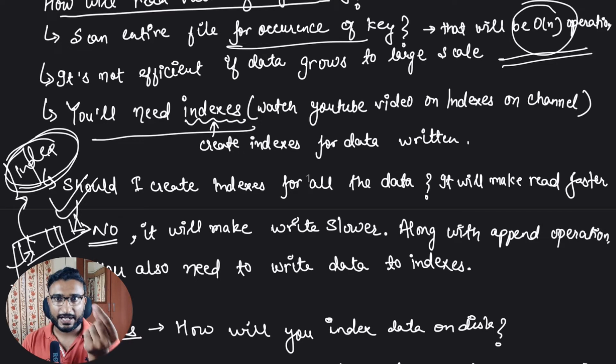But in case of write, let's say you have to enter one write. If you have 10 columns and you have created an index on all of them, you will have to update 10 indexes as well at the time of write. ठीक है. So it is a write-intensive operation as you create more and more indices.